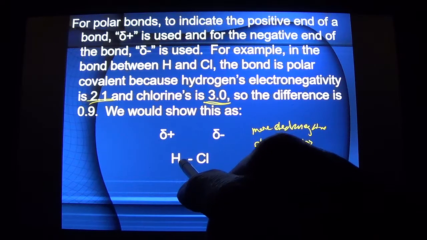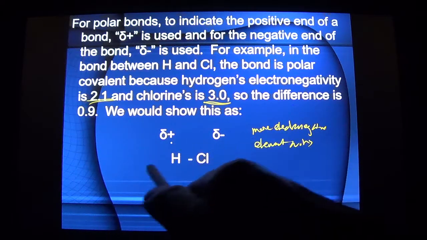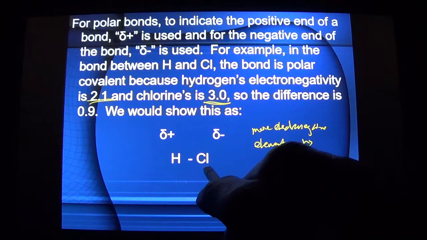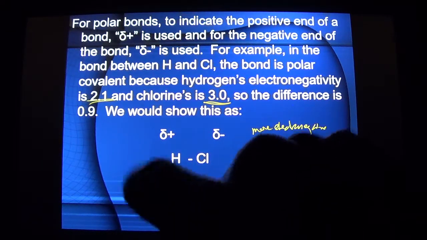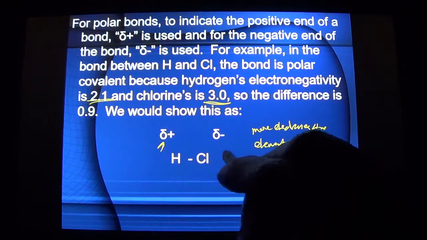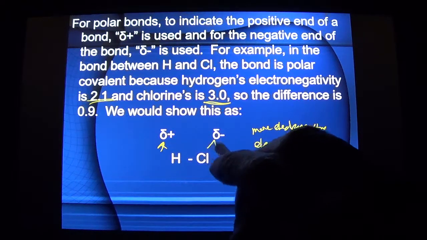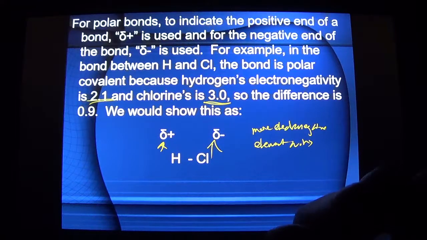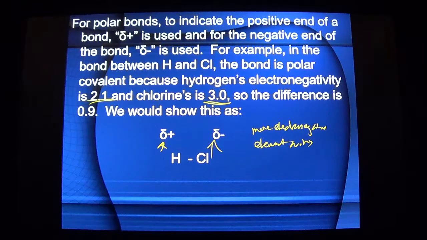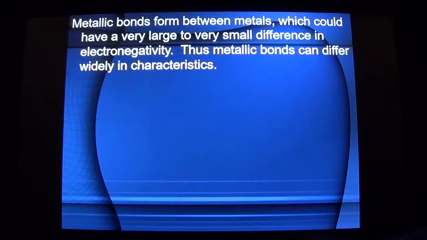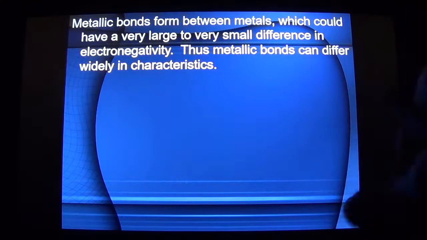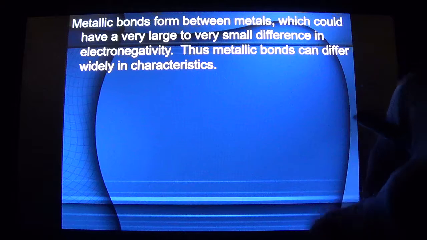A polar covalent bond gives you a polar compound, and that means one end is a little positive, one end is a little negative. Not a full-out positive and negative like ionic, but partial. So we use this little Greek symbol, sigma, to tell one chemist to another that it's a partial charge.